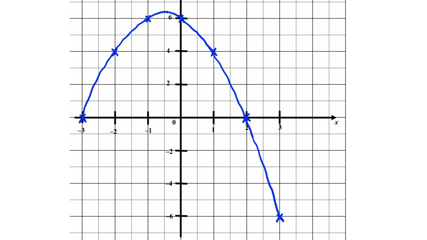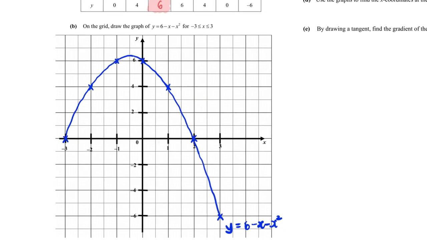Okay, and do indicate the equation of the line. So this will be y equals to 6 minus x squared. Okay, and we are done with part B.